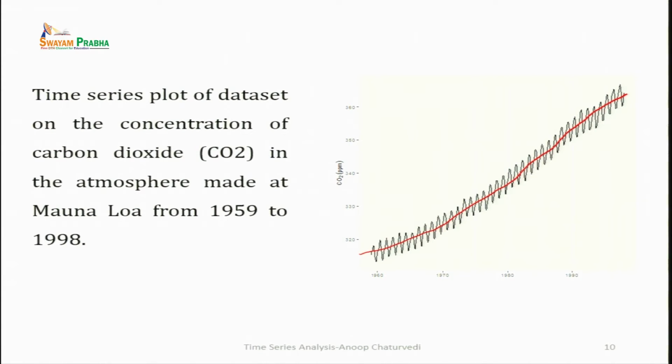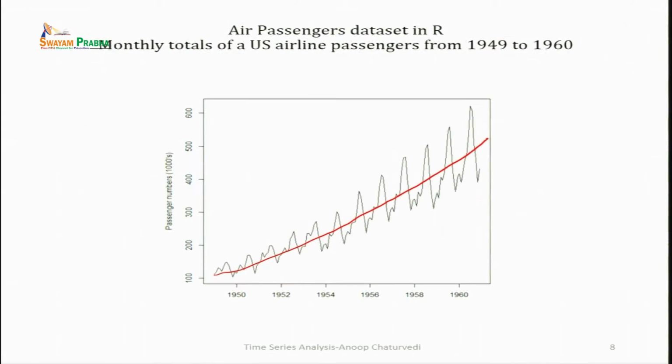Now, you compare this graph with another graph which I displayed here. Both the graphs have seasonality, but then what is the difference? In this graph, the magnitude of seasonality is increasing. So, for this data set, suppose you have to select one of the two models, whether you should go for the additive model or multiplicative model.